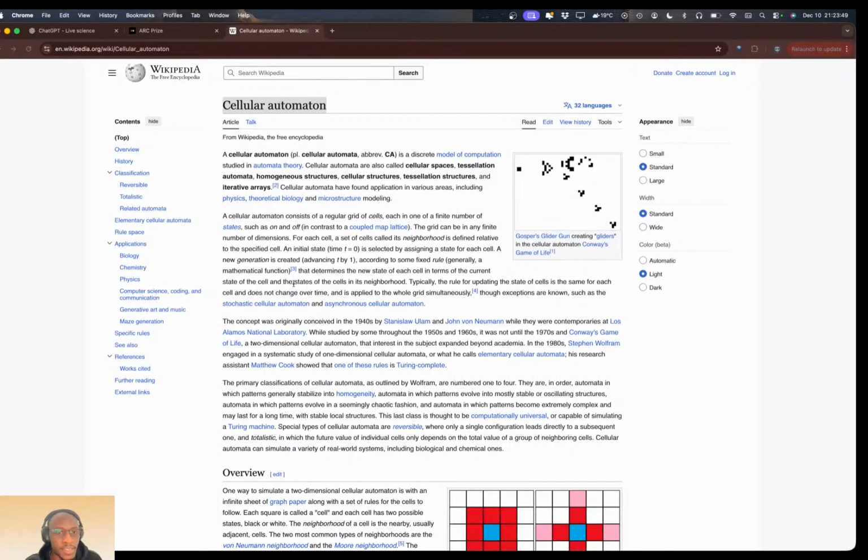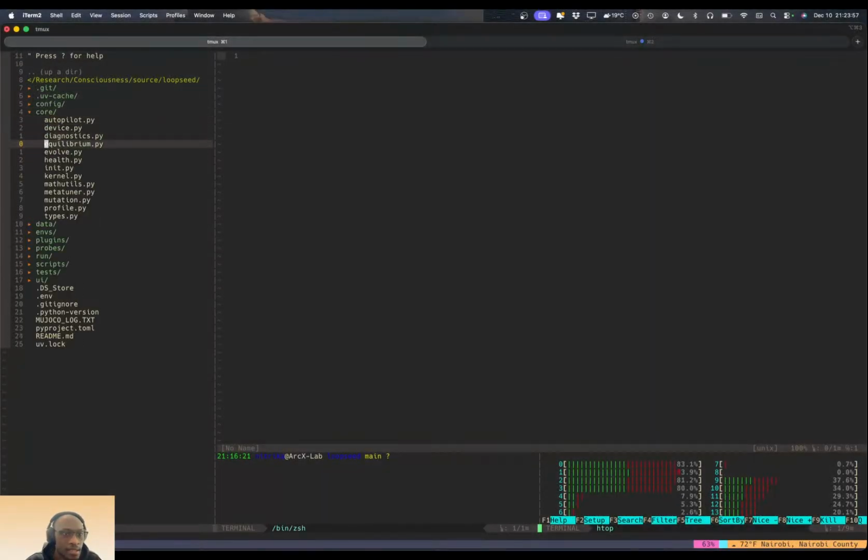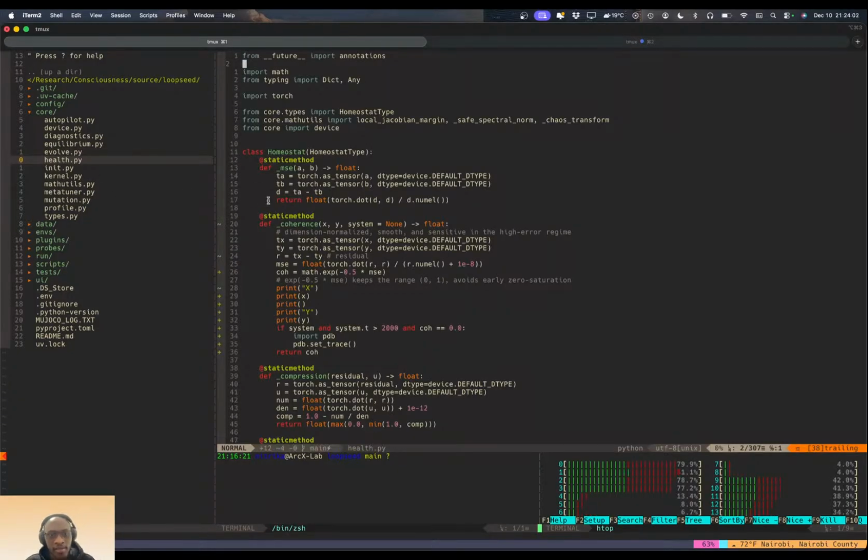Let's see. I need to open this code first. Go to coherent. So this is the coherent. We are getting the mean squared error. The mean squared error is the dot function of the residual.